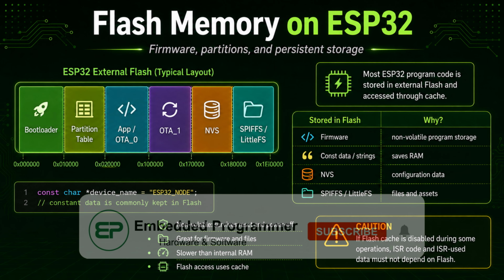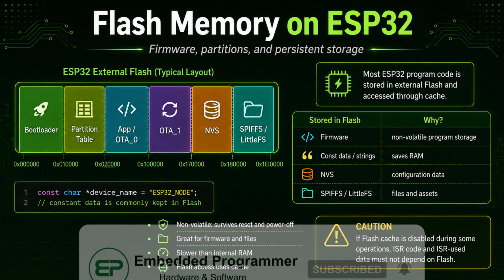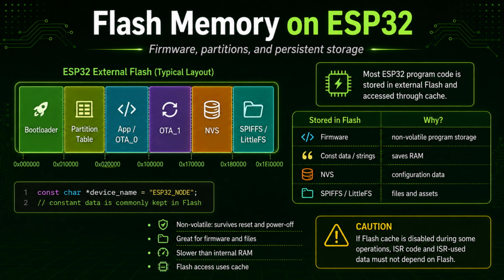Now let's focus on flash memory. Most ESP32 boards use external SPI flash to store the application firmware. Unlike RAM, flash is non-volatile, meaning its contents remain available after power is removed. A typical ESP32 flash layout contains several partitions. First we have the bootloader, which starts the chip and prepares the system.